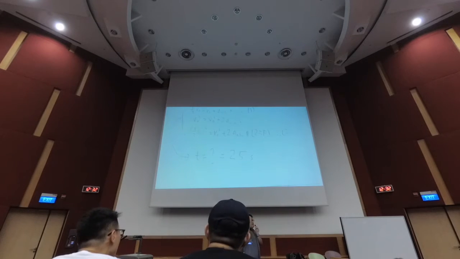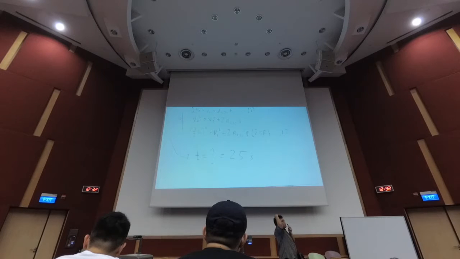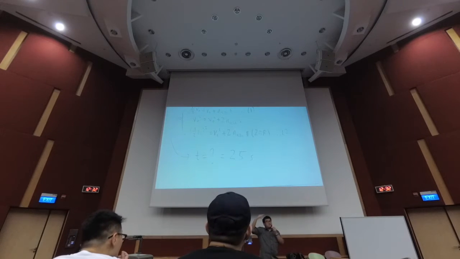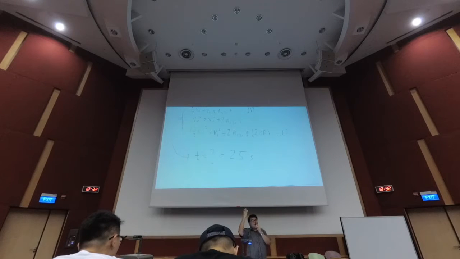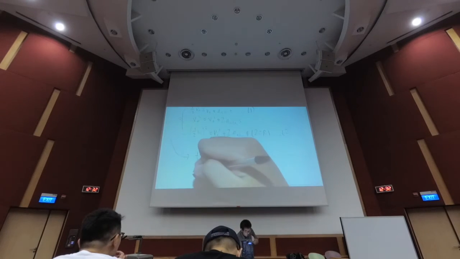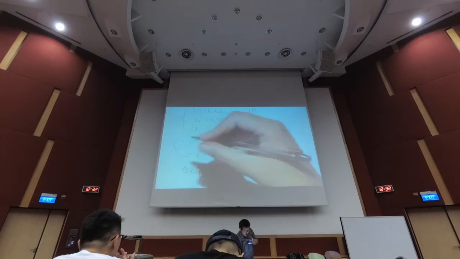We actually have four kinematic equations. This one is not listed in the three kinematic equations I mentioned earlier, but in last week's lecture I mentioned the fourth kinematic equation, which is delta x equals (vi plus vf) over 2 times t.